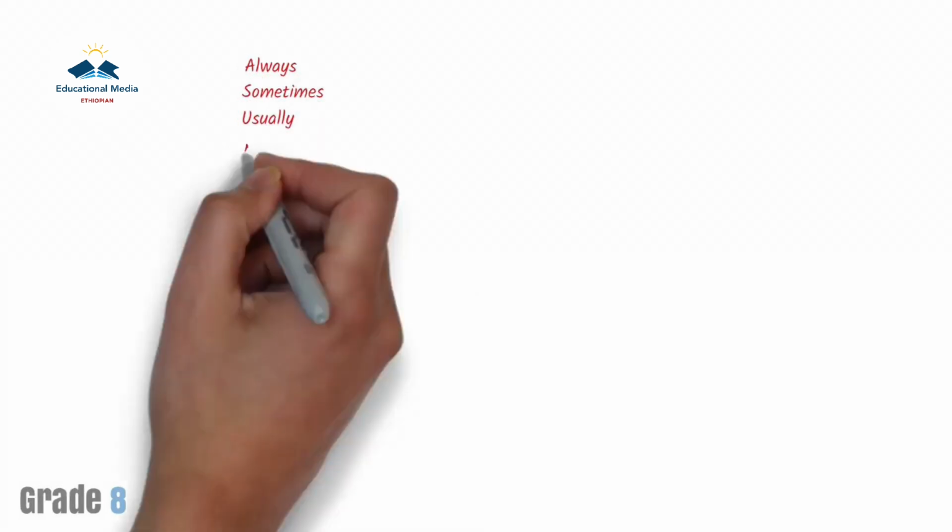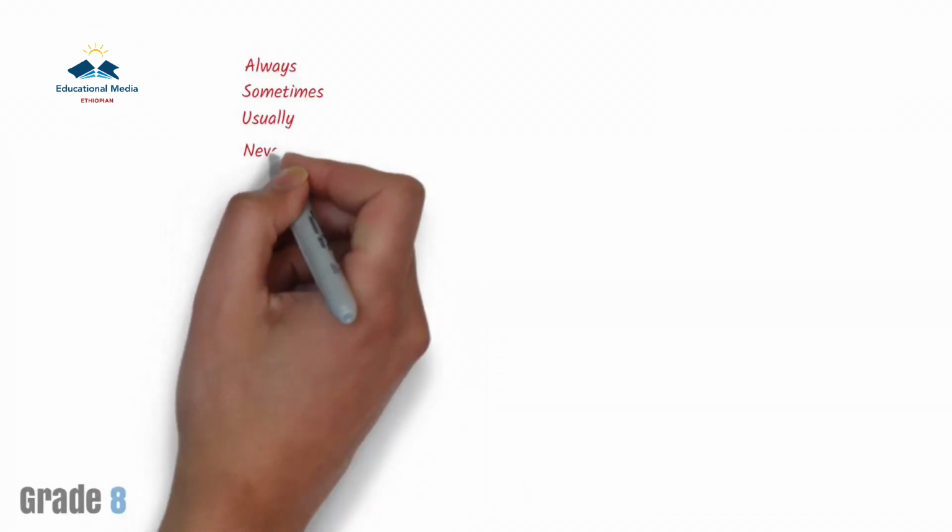That's why we usually use these adverbs if necessary while we are using simple present tense in every context. It's not only that. Always, sometimes, usually, never is also another adverb, okay? Never.